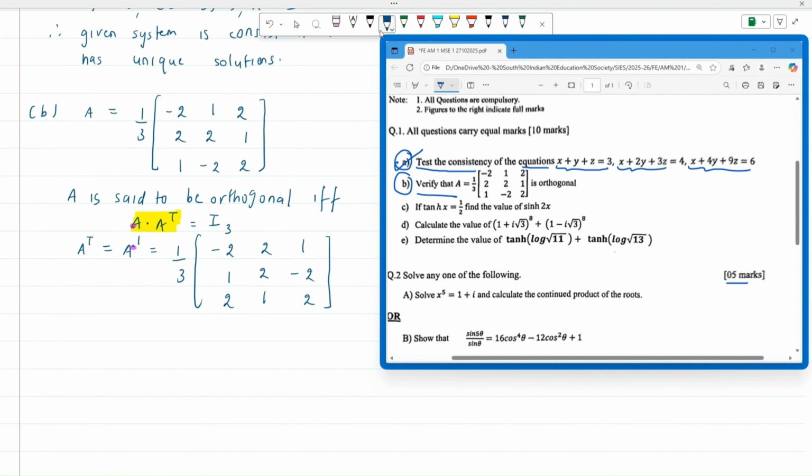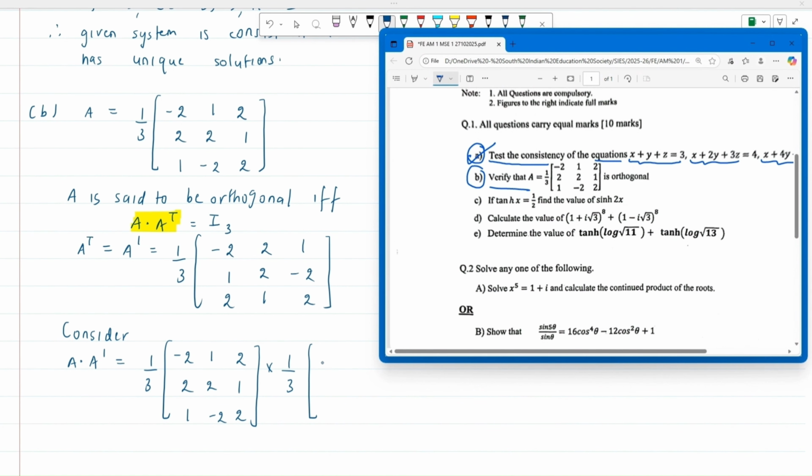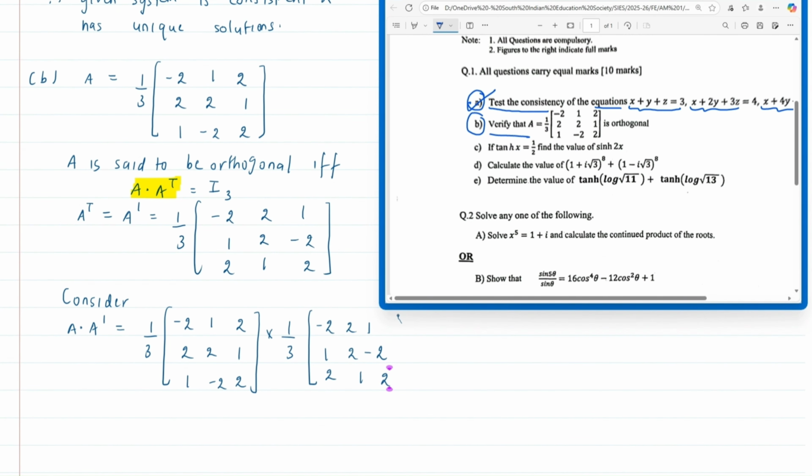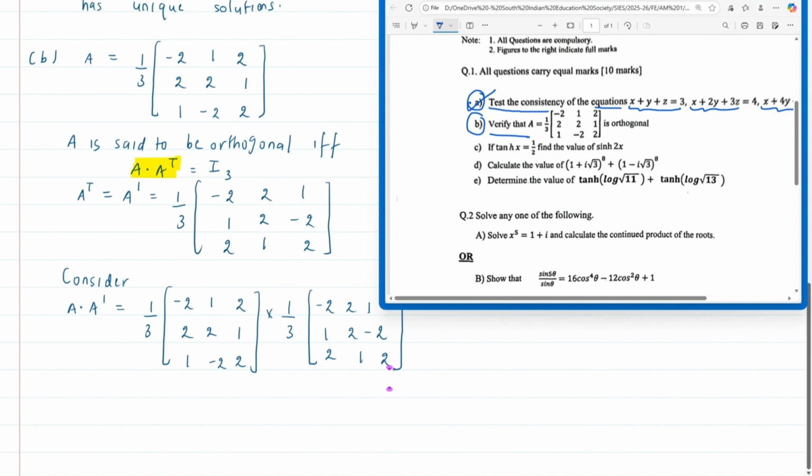So let's do that. Consider A times A transpose. So firstly the matrix A over here, times again 1 by 3 and we have the transpose of A. So here we are going to have, now let's take the product.